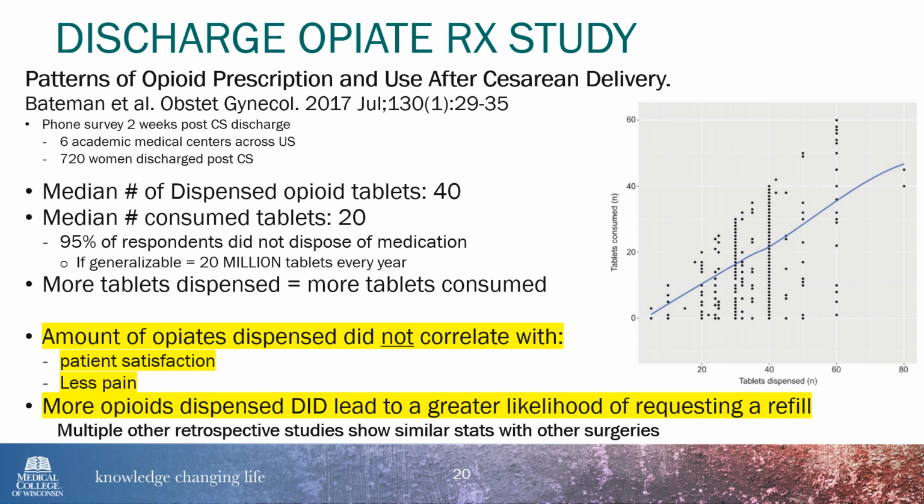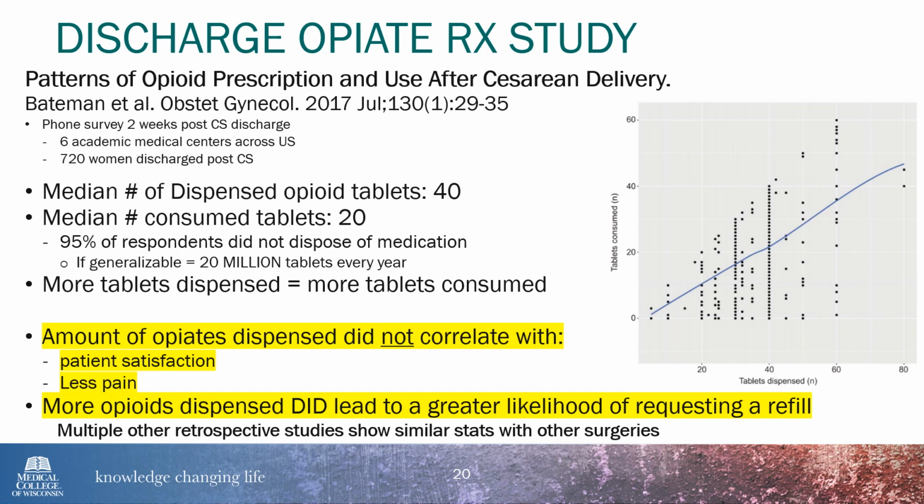What we did see a difference in is that patients that were prescribed more pills were more likely to request a refill later. And all that shows me is that post C-section, some women that are overprescribed opioids tend to develop some opioid dependence, and then they feel like they need this medication in the longer term.